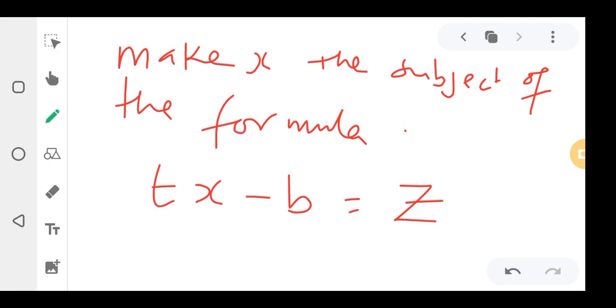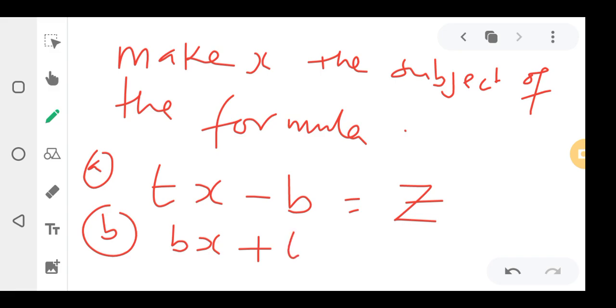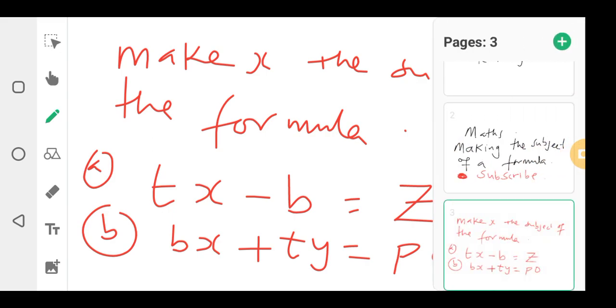So you are making x a subject. That's question 1. Question 2, here too you are making x a subject: bx plus ty is equal to po. Question C.